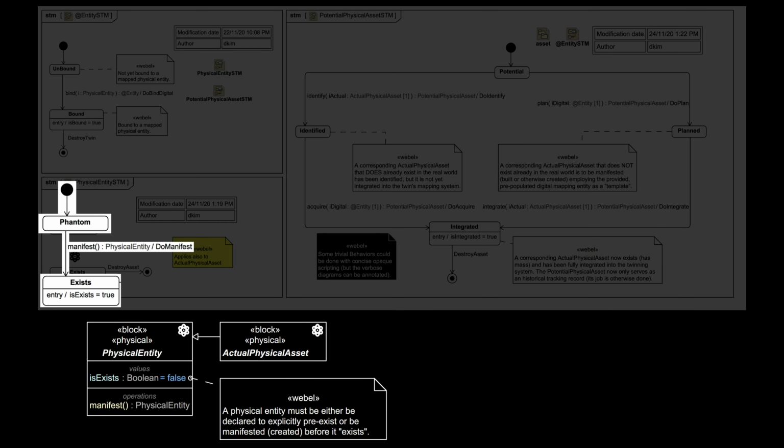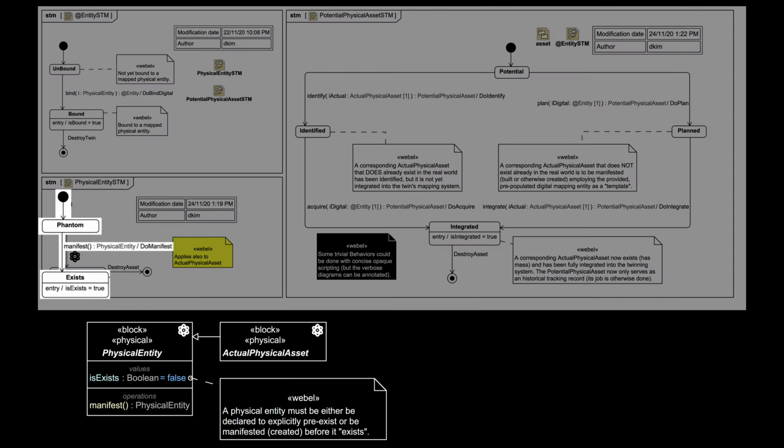It will start in the phantom state. In fact, it is pre-existing. However, it is not until the manifest operation is invoked that the digital twin pattern knows that the actual physical asset exists and has mass. It then transitions to the exists state.